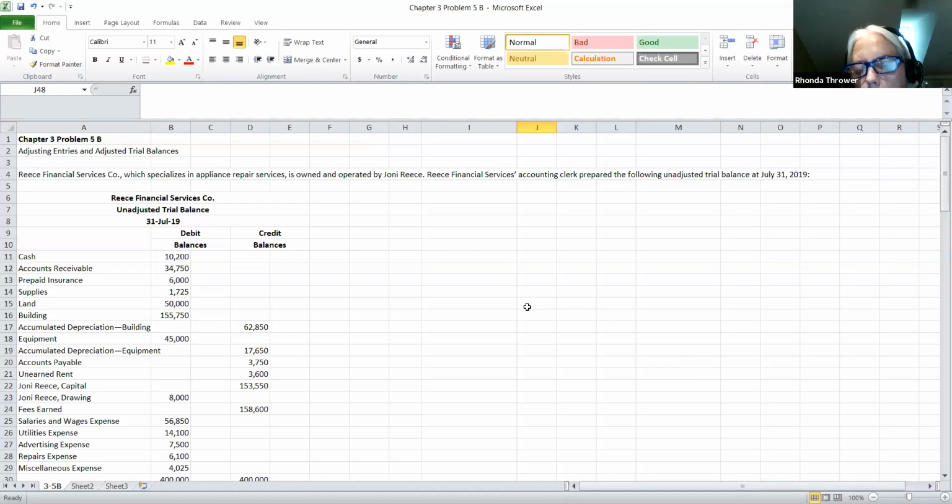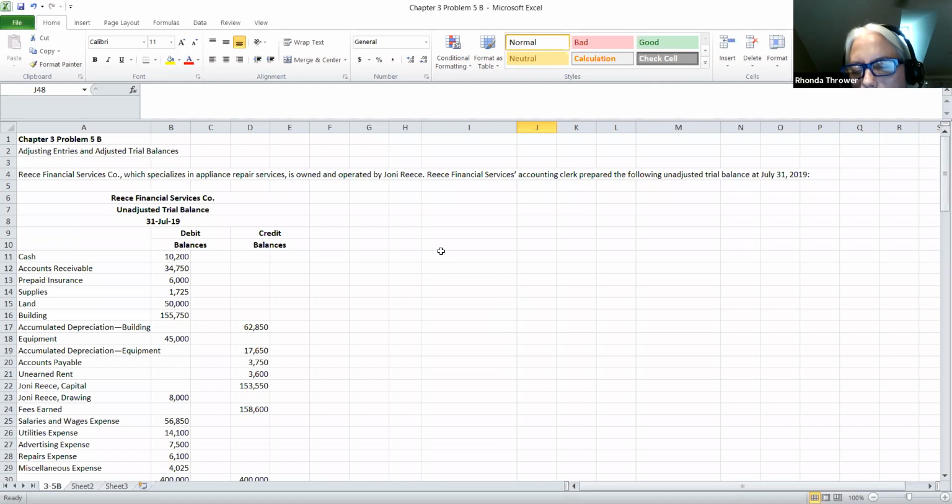Remember from chapter 2, we journalized our day-to-day transactions, those transactions that happen each day of the accounting period. At the end of the period, we stop and we prepare adjusting entries. So when we do our steps of the accounting cycle, the first 3 steps came from chapter 2.